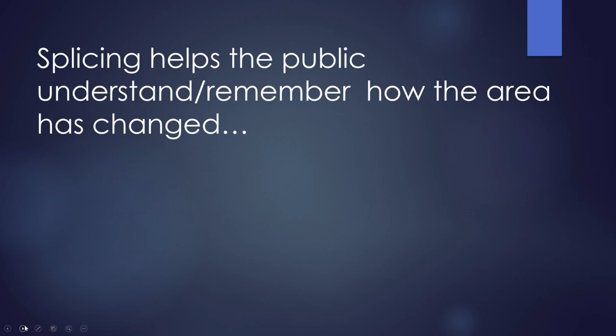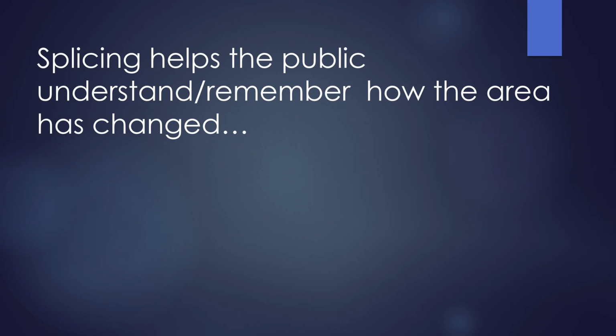So when it comes to how place matters, one of these ways, especially in a place like upstate New York, is that the place has changed a lot. That initial image that I showed you of photo splicing, I think it kind of brings home the fact that the area has changed quite a bit.